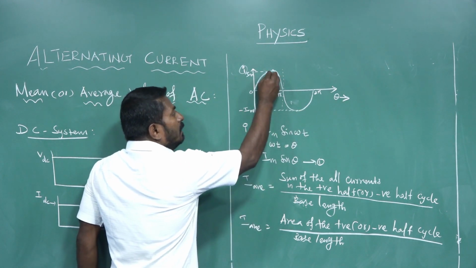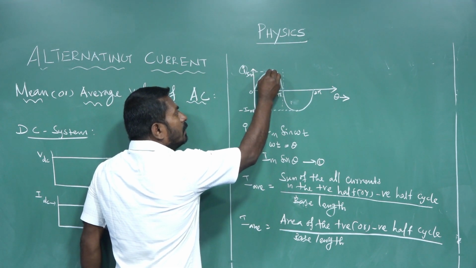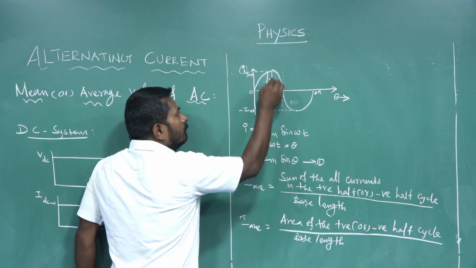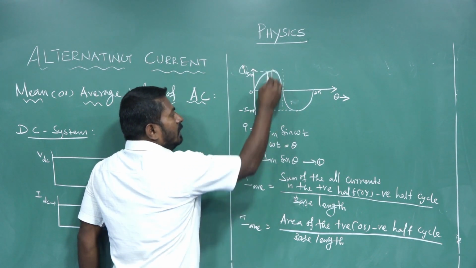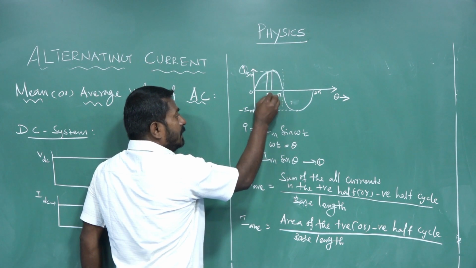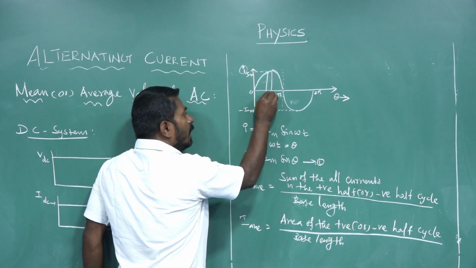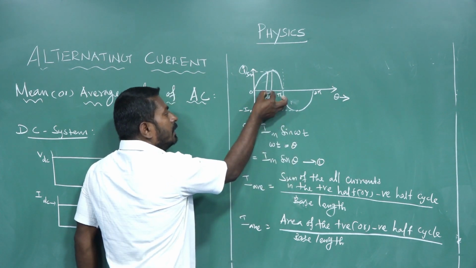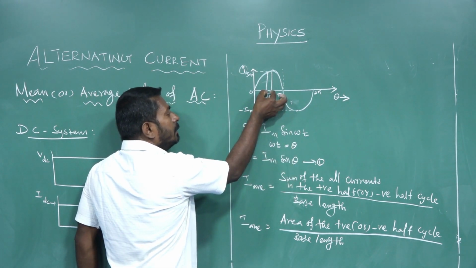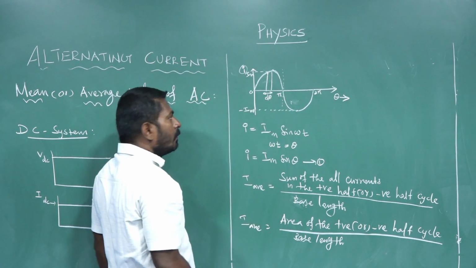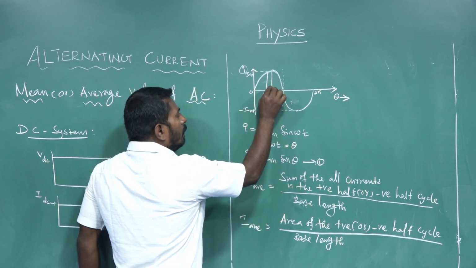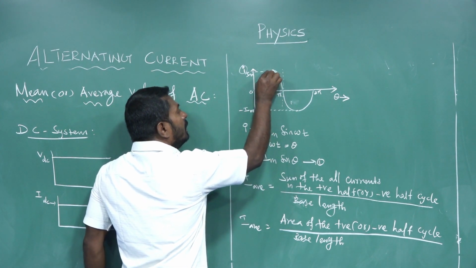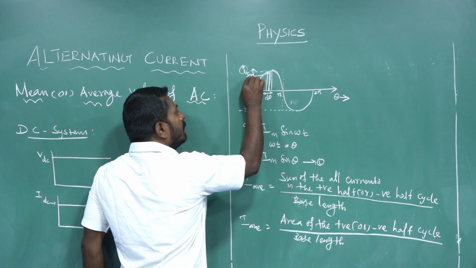Take small elementary strips in the positive half cycle. This is the small elementary strip. The thickness of the elementary strip is d theta. The mid-ordinate of the elementary strip at that instant is i.